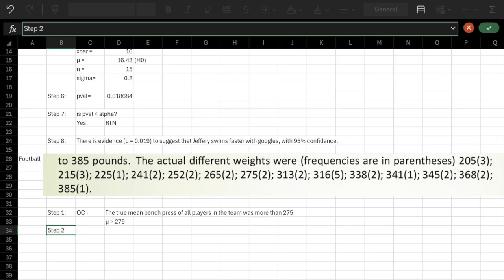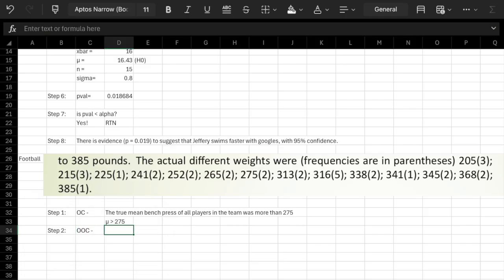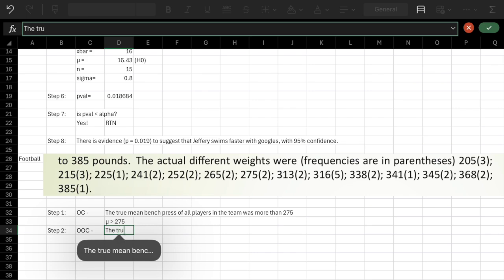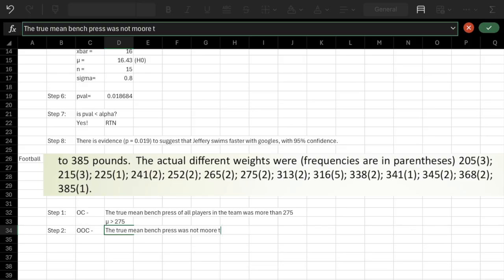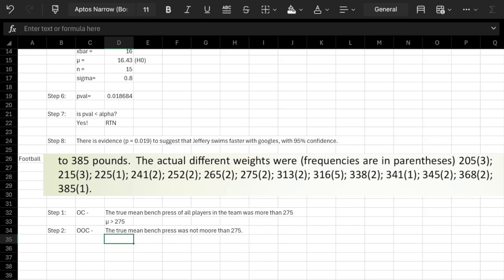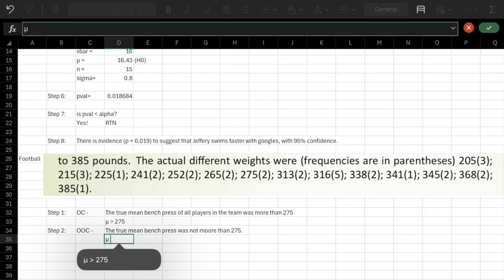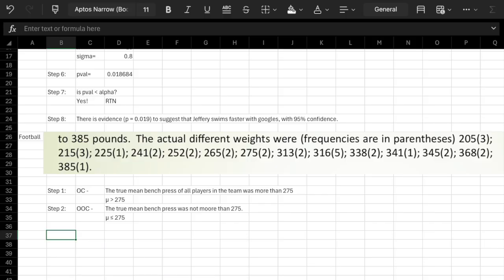Step 2, the opposite of the original claim is that the true mean bench press was not more than 275. How do I write that? I write mu was less than or equal to 275, because that's the opposite of the notation for the first claim.